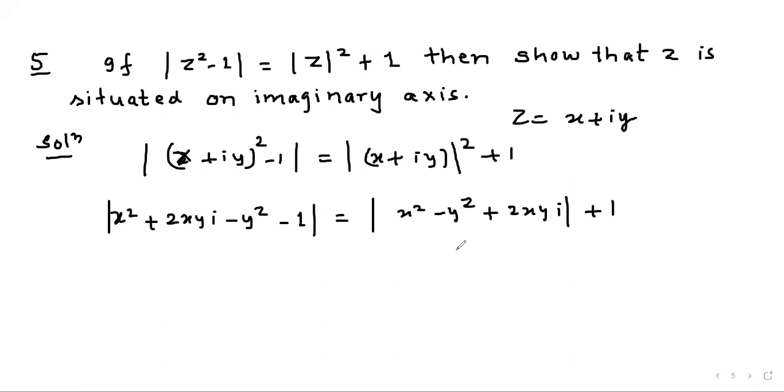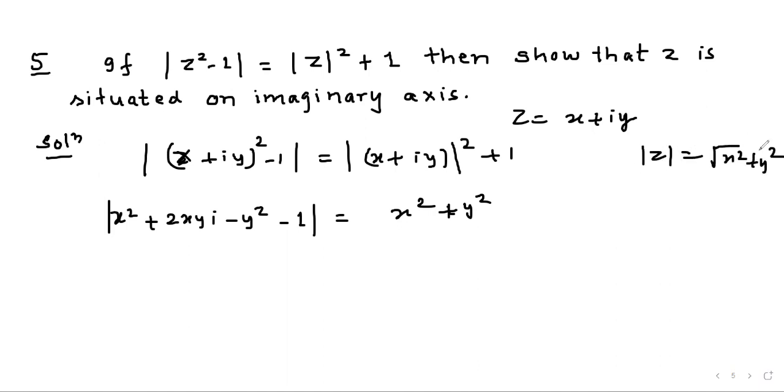Now, here it's given, this is square. Square means we have to write its modulus value. So instead of writing all this, we can write its modulus value. That will be x square plus y square only, because modulus z will be equal to root of x square plus y square. So plus 1.